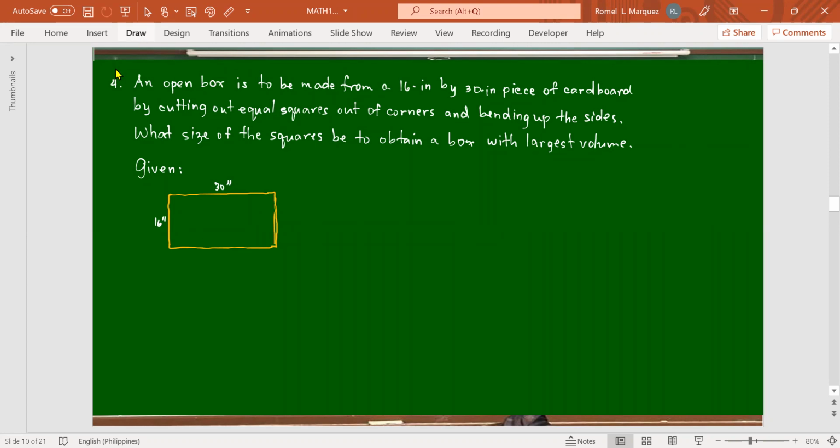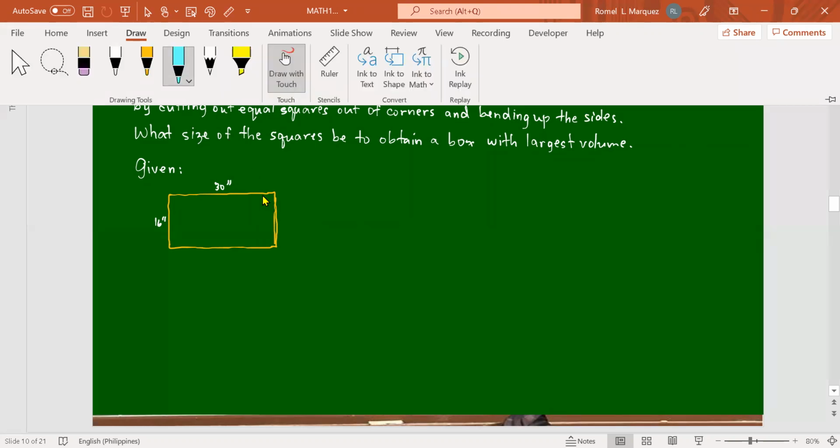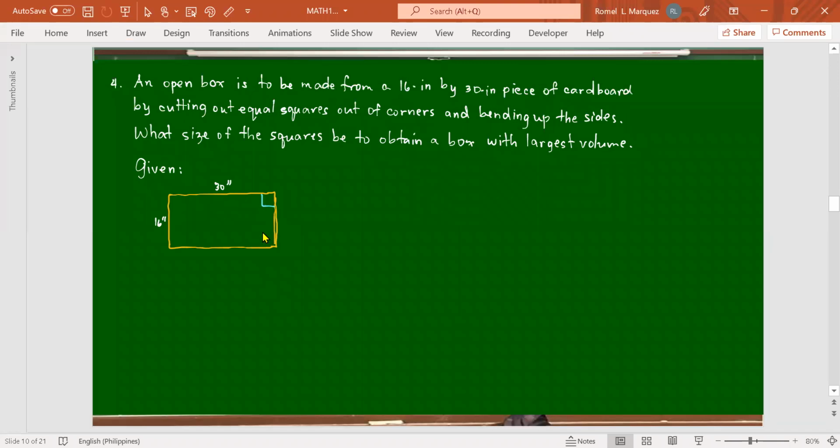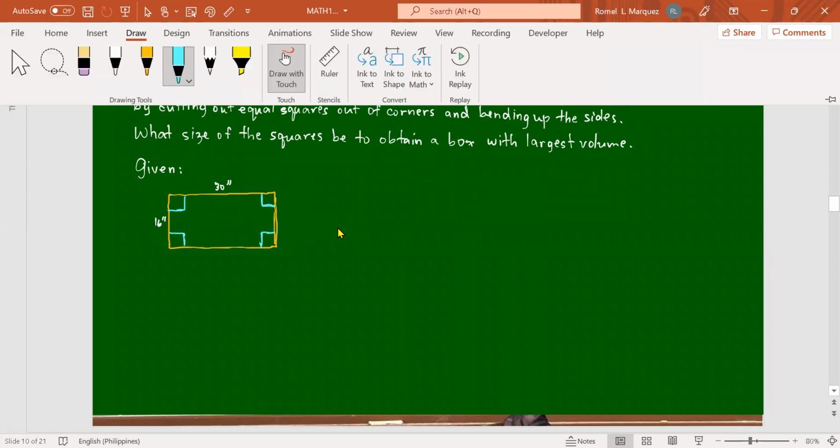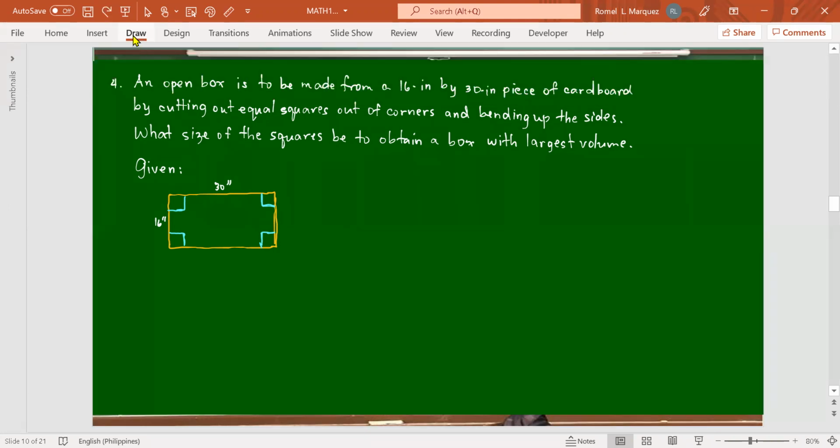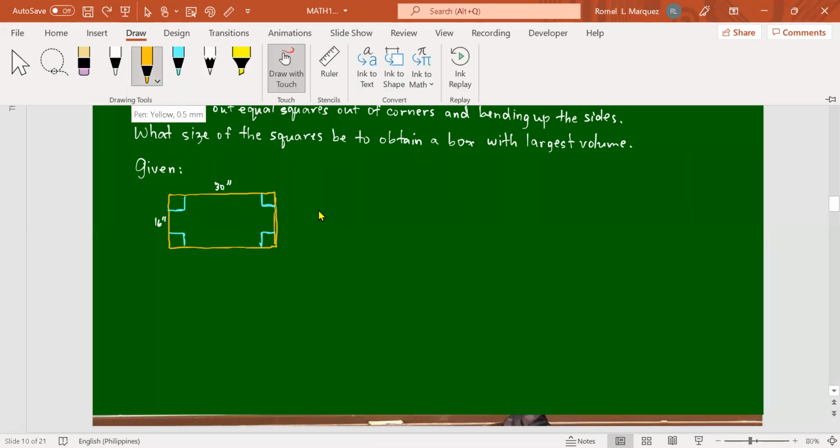Then you cut equal squares at the corners. Of course, we don't know the size of this square yet, but they are all equal. These squares are cut out of the corners, then bending up the sides. When we bend that, it will look like this. We remove this part; this is what remains. The blue is what remains.